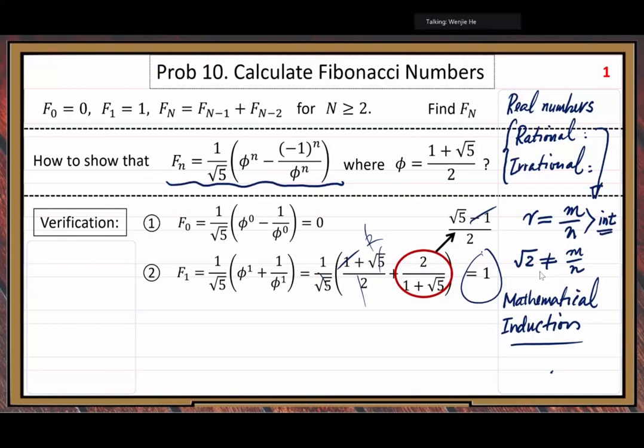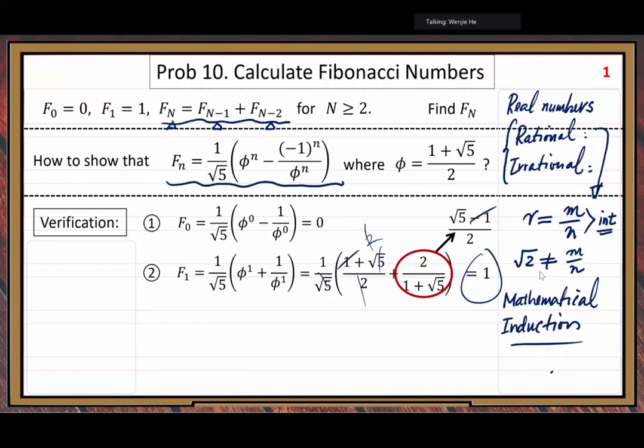The reason is, you look at your recurrence relation. On the right-hand side, you only have two terms, with subscripts n minus 1 and n minus 2, two lower than this n.